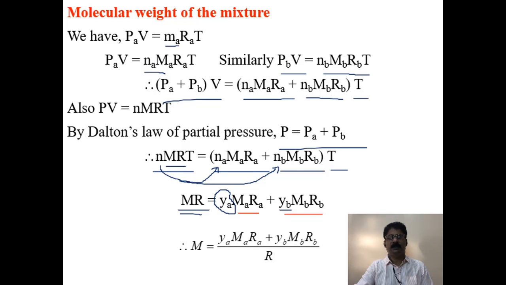For the molecular weight, M is equal to (Ya MaRa plus Yb Mb Rb) divided by R.